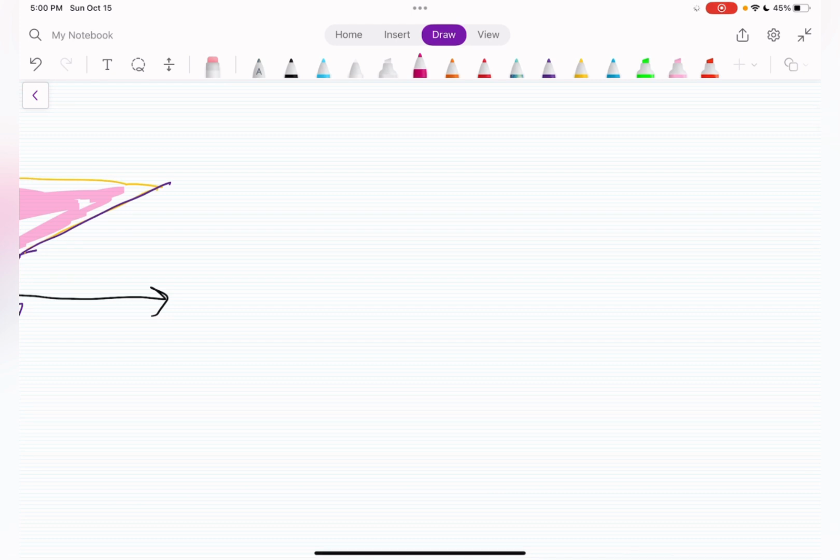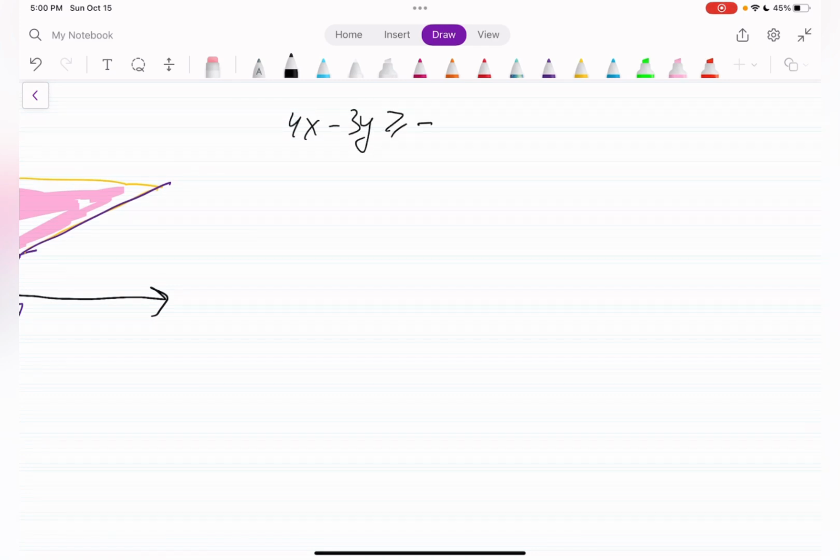So, we have 4x minus 3y greater or equal to -6, 4x plus y less or equal to 6, and y greater or equal to -1. Okay, let's work it out.